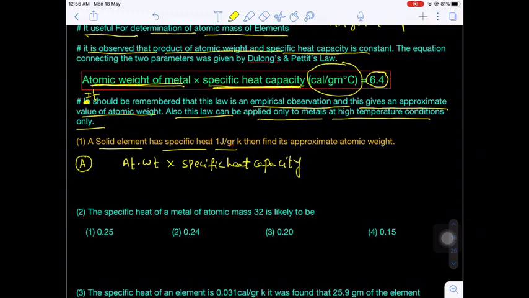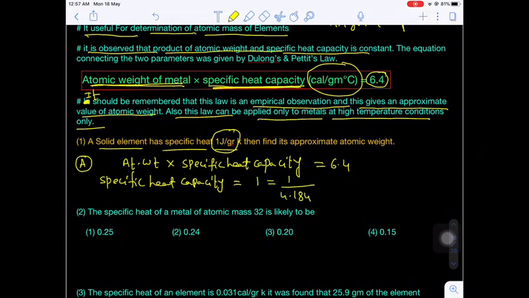The product of these two will be equal to 6.4. Now, one more important thing: the heat capacity is given as 1 joule per gram per Kelvin, but I have to convert it into calories, so I am writing 1 by 4.184, the value in calorie per gram per degree Celsius or per Kelvin.